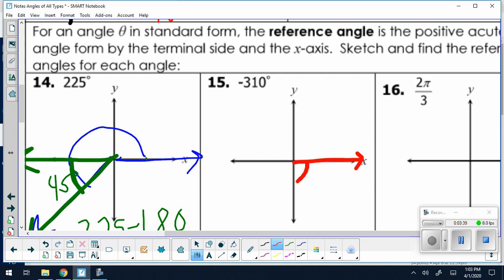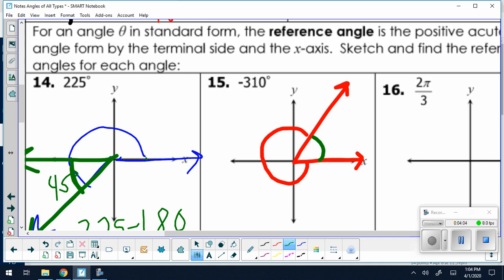So I'm going to go 90, 180, 270. So 310 is going to be somewhere in there. Again, I don't really care where it's at. What I care about is the quadrant. I'm probably off on my measurements there, but I want that quadrant. So this right here is my reference angle, what I've marked in green.